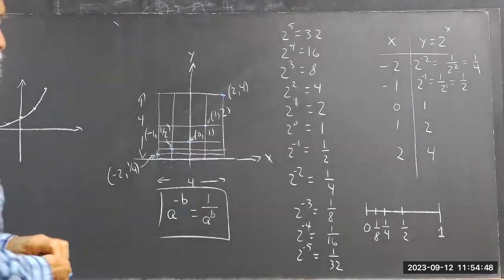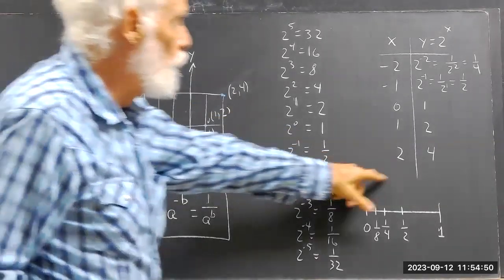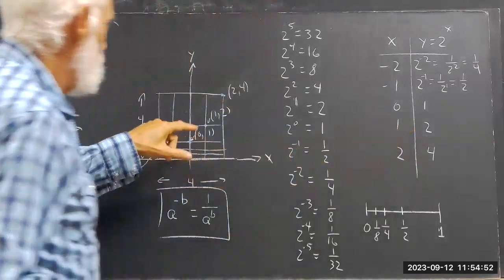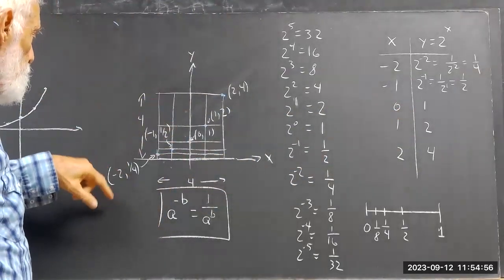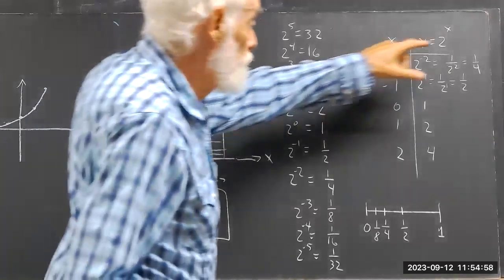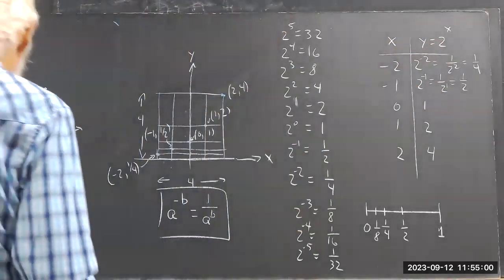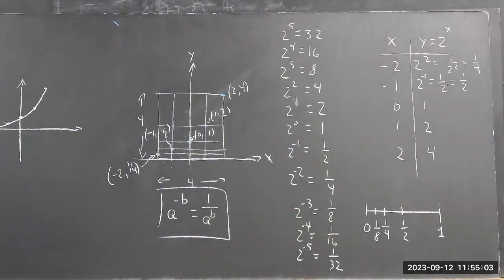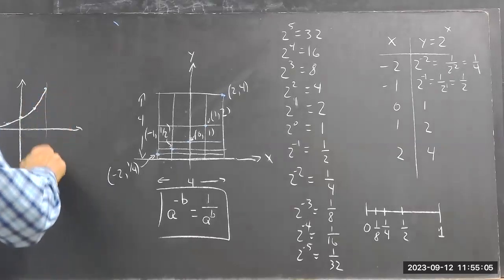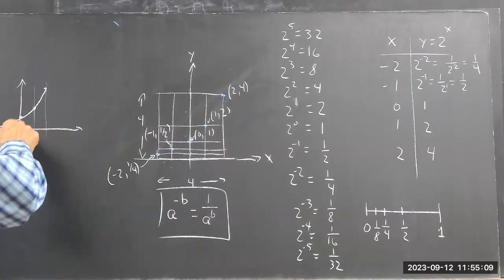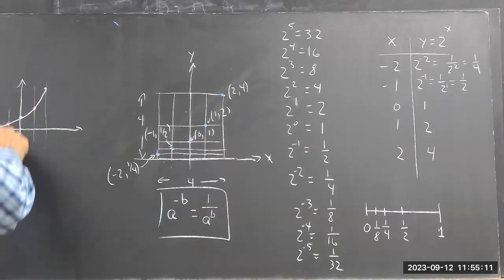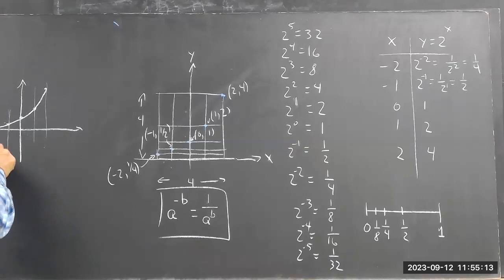Okay, you have 2, 4. 1, 2 is here, 0, 1 is here, and all the way back to -2, 1/4. Okay, now we can sketch that on a graph, and implicitly now, here's x equals 2, x equals 1, x equals 0, x equals -1, x equals -2.